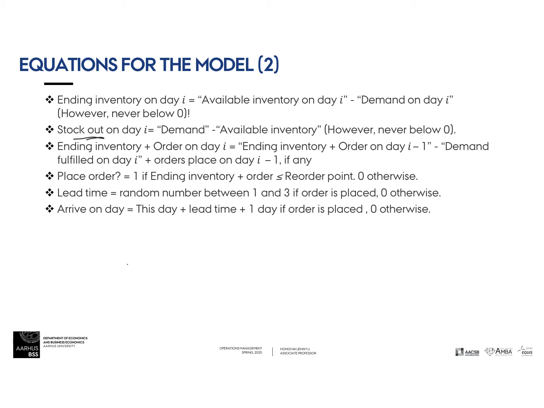If you do not have sufficient inventory, then you risk a stock out. So here it depends on whether your demand is greater than available inventory. So again, this is never below zero, and the ending inventory on the day should also be greater than or equal to zero.